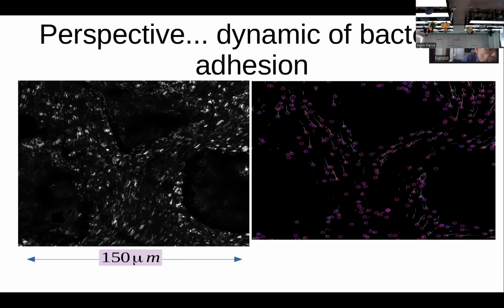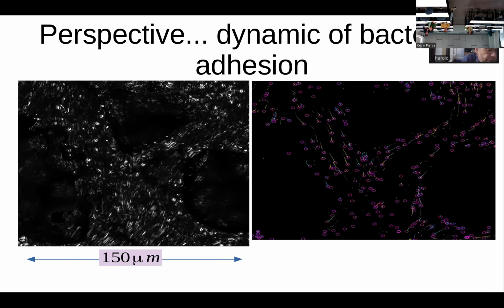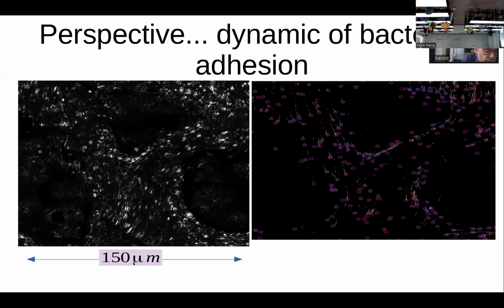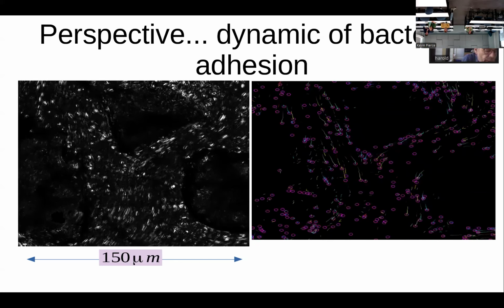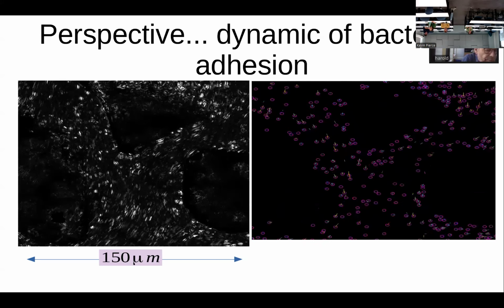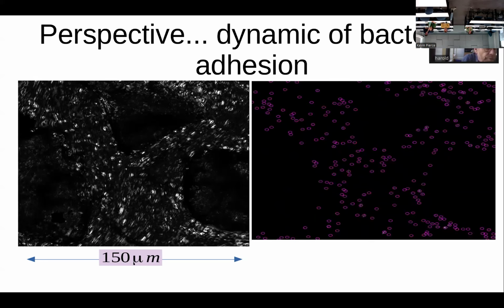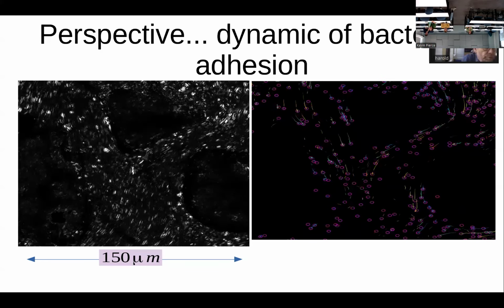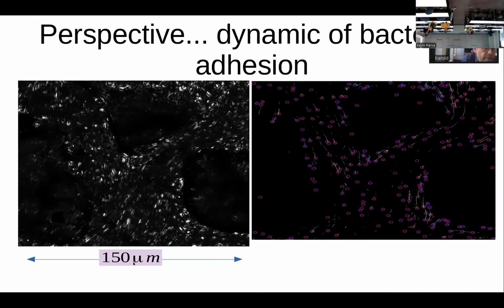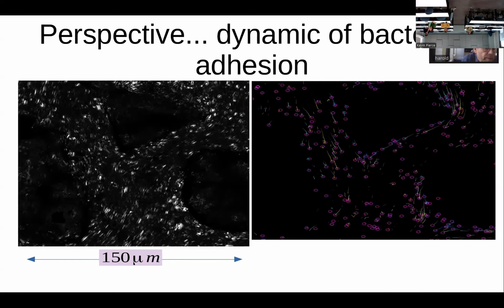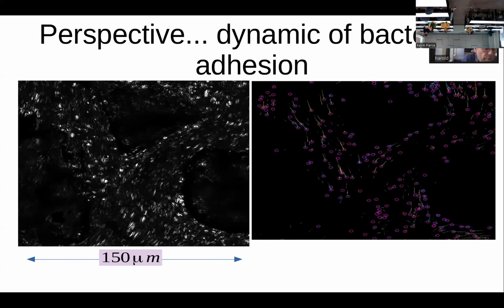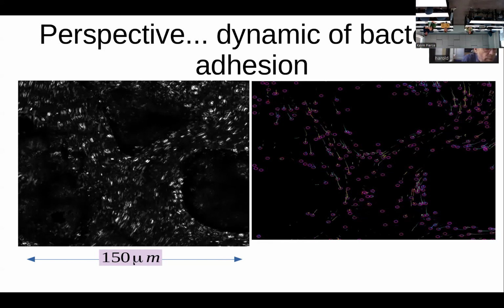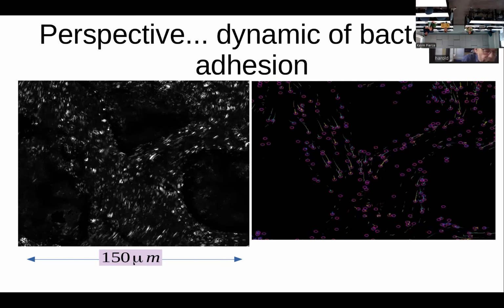One of the questions we had at that time was to understand if the swimming activity would help to improve the process, because the Sporosarcina bacteria is not motile. So the issue was to understand if those bacteria were motile, would this help the process?